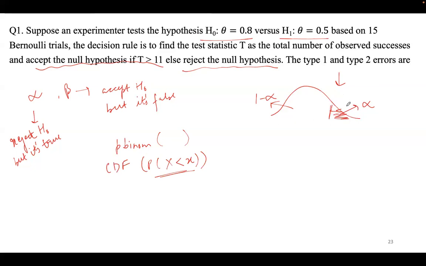Now, let's say we are making this plot for H naught. So basically we are making this plot when this is equal to 0.8. We're taking that case first. So what we're doing here is we're defining theta is 0.8, and what we want to do is, what is the case that we are rejecting H naught in? We are rejecting it here, but it's actually true. So this is the area, right?